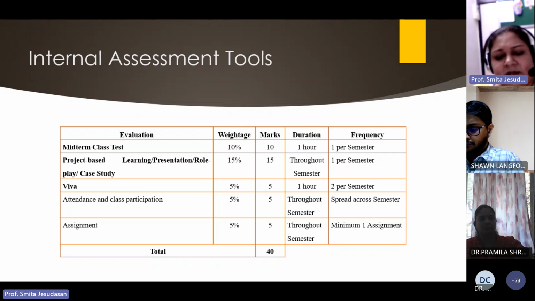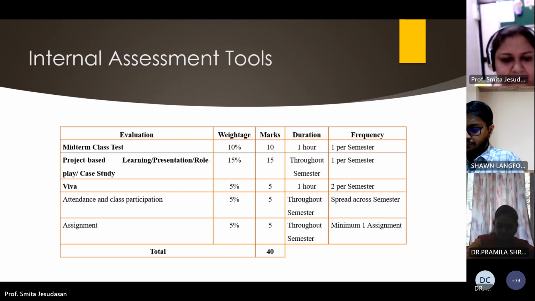Now, when it comes to class participation, here we are measuring the performance of the students not in one activity, but in a series of activities. For example, we have done a particular topic in the class, next day we come to class, we have a short revision, or it may be a newspaper activity.